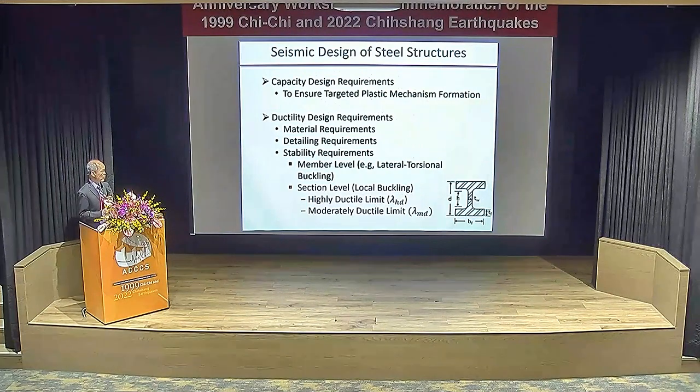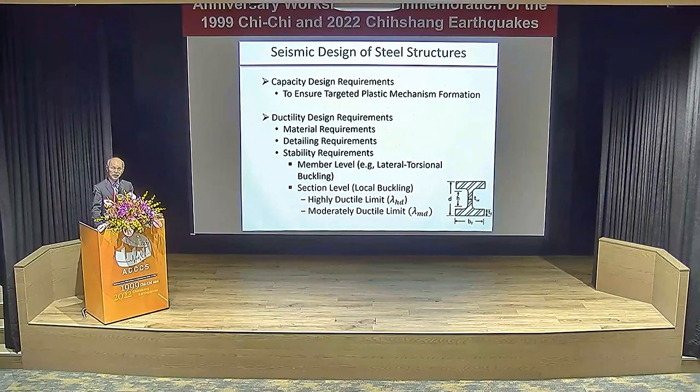It is the stability requirement, in particular the section-level local buckling, that is the focus of my presentation today. The figure to the right shows an I-shaped column, where we have to check the so-called width-thickness ratio, or b over t, for the flanges and for the web.